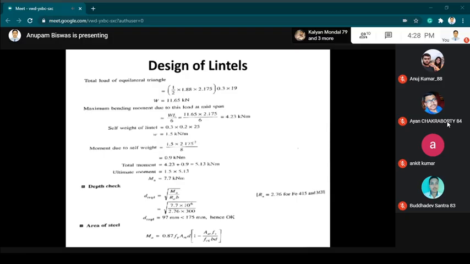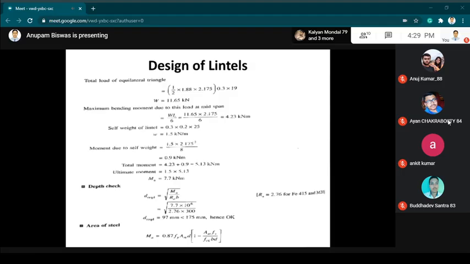So now the total moment means the maximum bending moment at the midspan and the maximum bending moment due to self weight, that is 4.27 plus 0.9 self weight, which is 5.13 kilonewton meter, and we have to multiply this with the factor of safety, and so the ultimate moment turns out as 1.5 into 5.13 kilonewton meter.